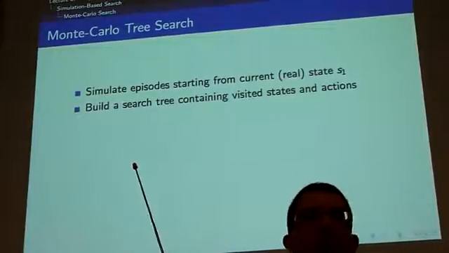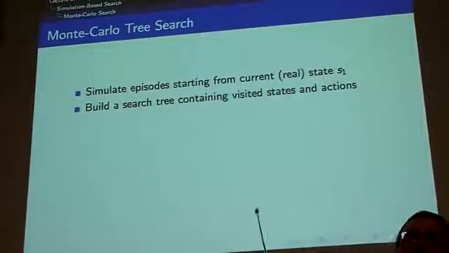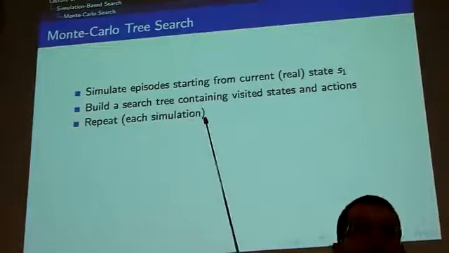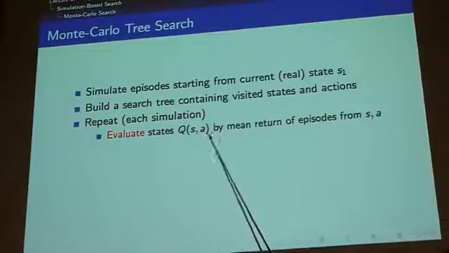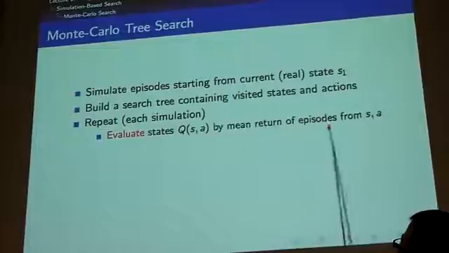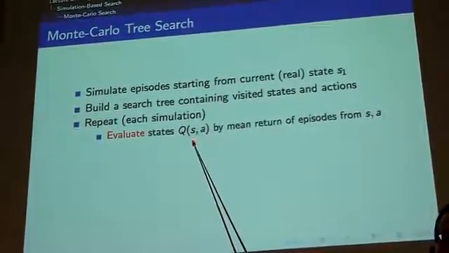Each state that we visit is a node in the search tree, and we consider all the actions from each of those nodes. Then for every simulation, we evaluate the states in this search tree by the mean return of all episodes that pass through that state and that action.